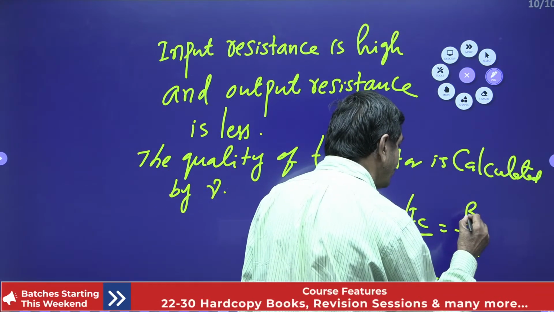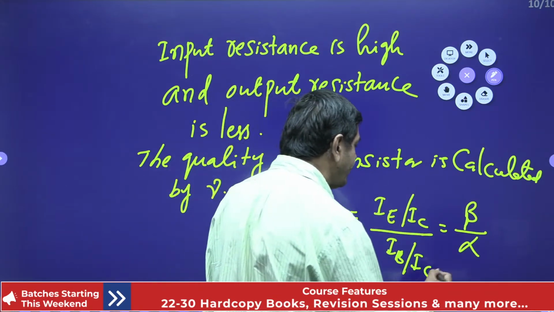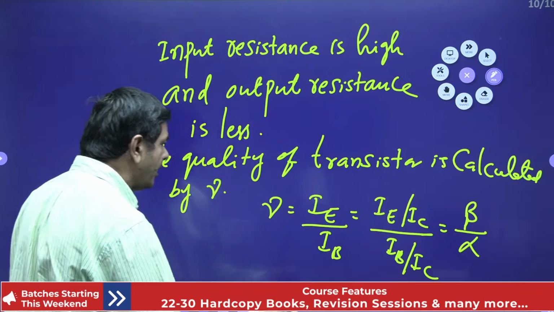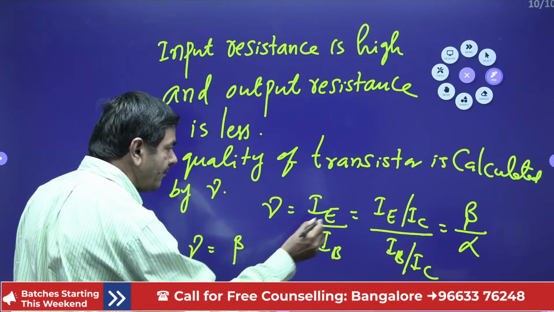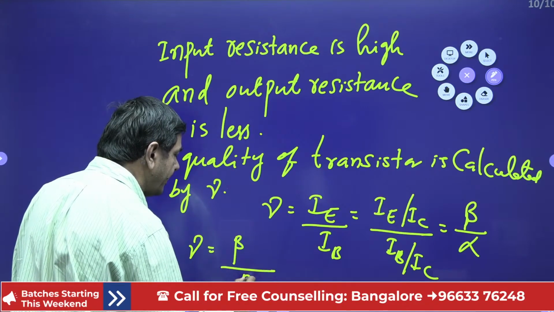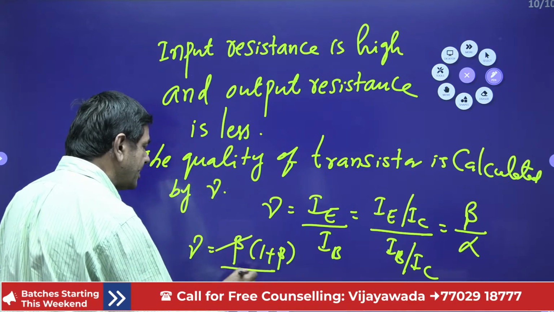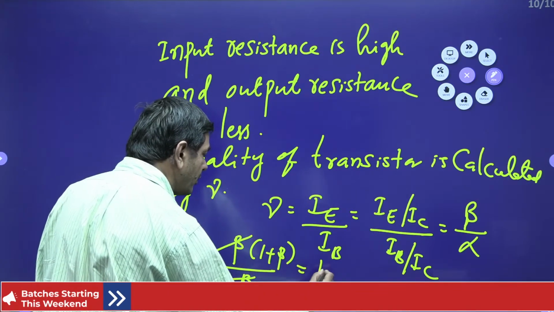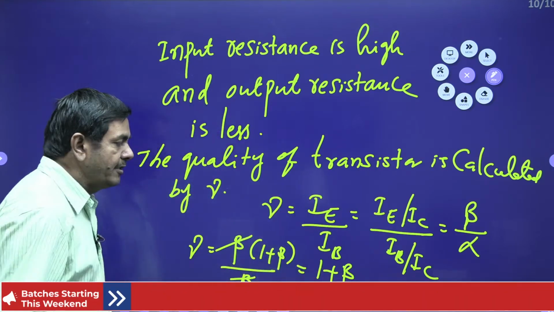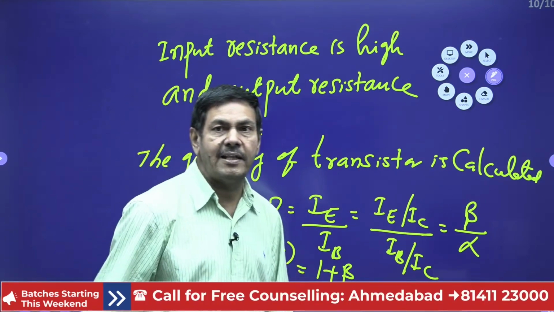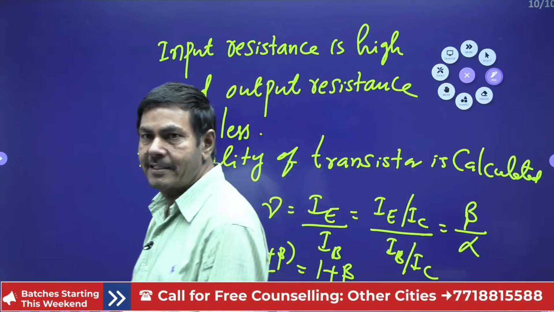Beta by alpha I can get. Already I gave alpha in terms of beta: alpha equals beta by 1 plus beta. So I can write beta by alpha equals beta by 1 plus beta. I can cancel beta and beta. Finally, gamma equals 1 plus beta. In such a way the value of gamma can be determined.